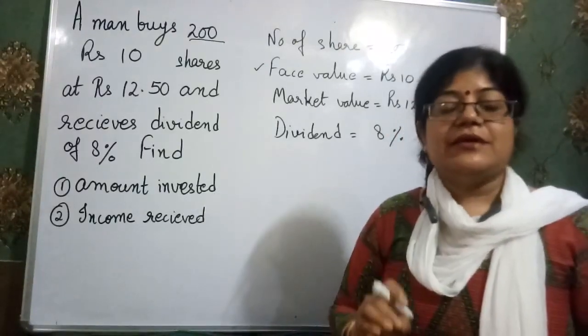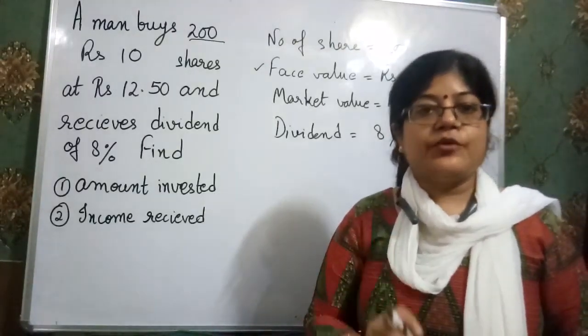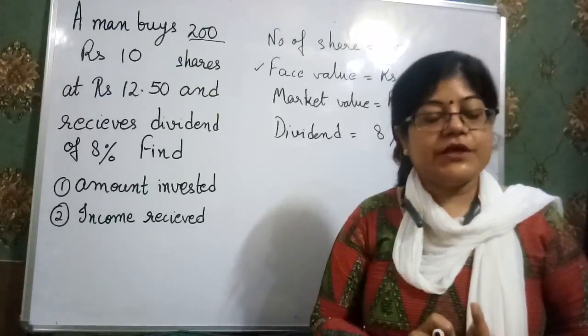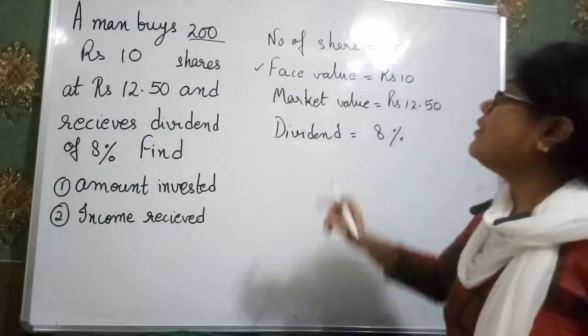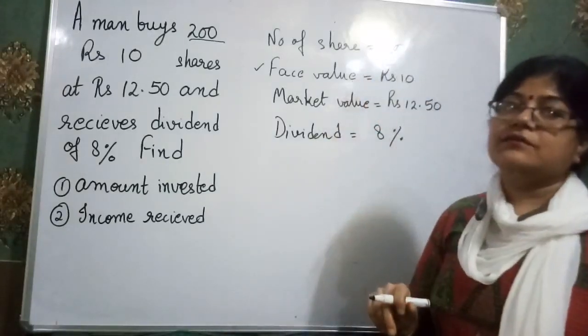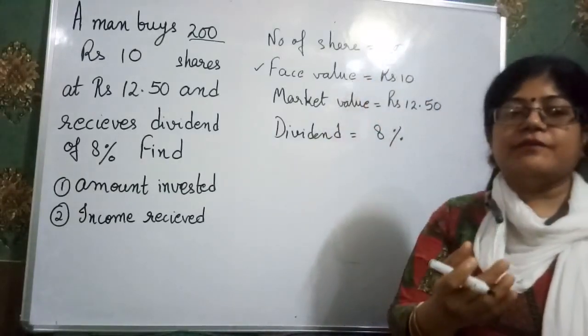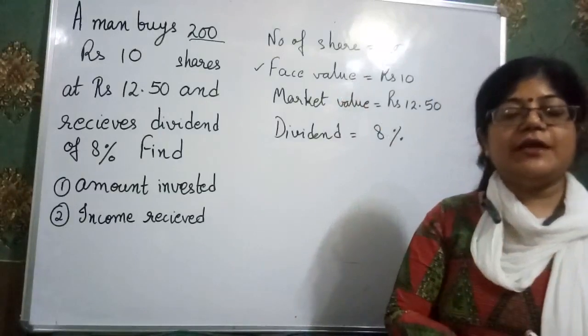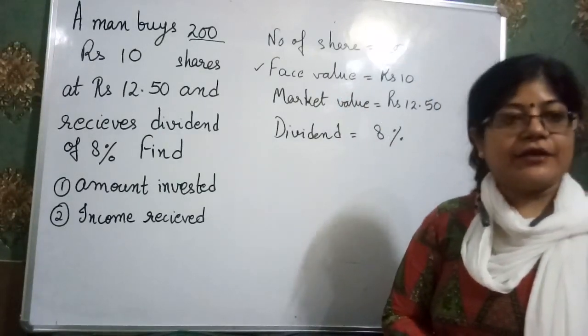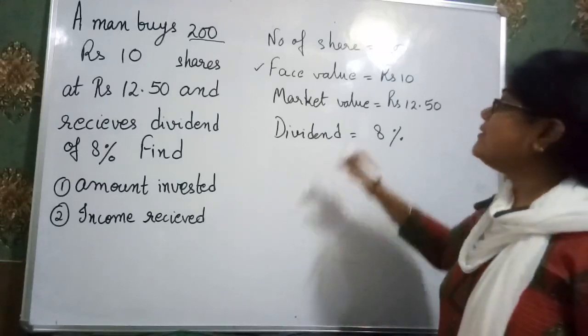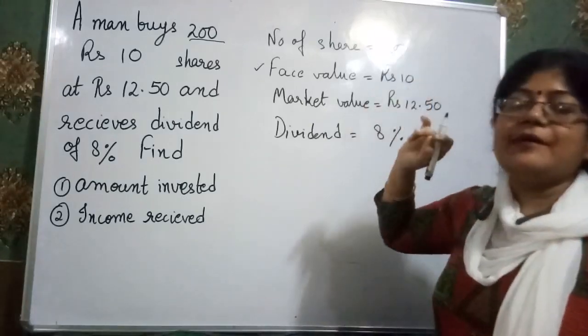Amount invested is actually the product of the number of shares and the market value of the share, not the face value of the share. Because when a thing is available in the market, we buy that thing only at that price, no matter what is the price allotted by the company.